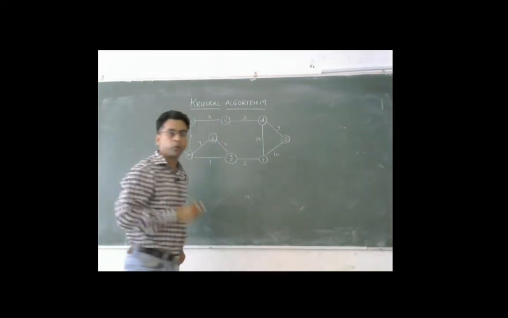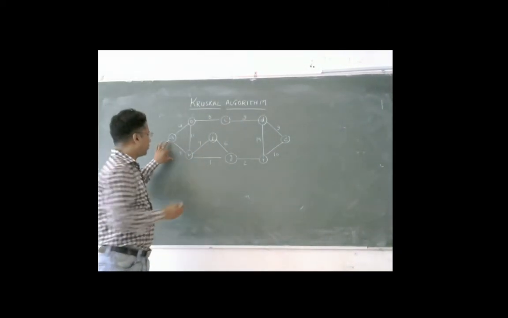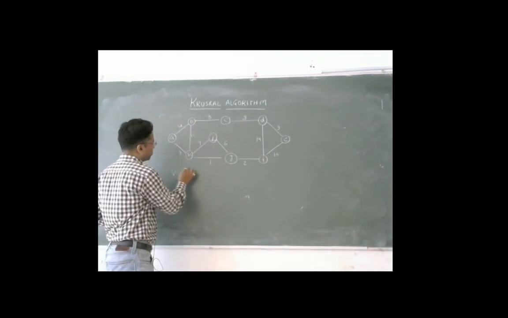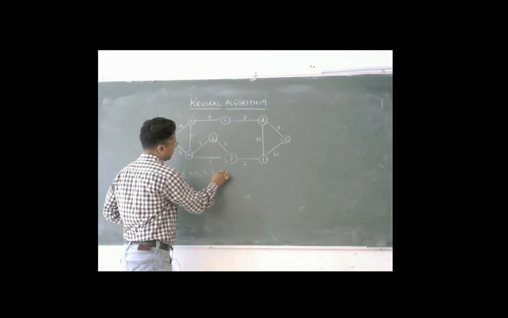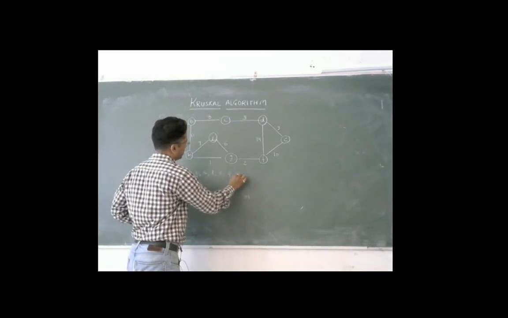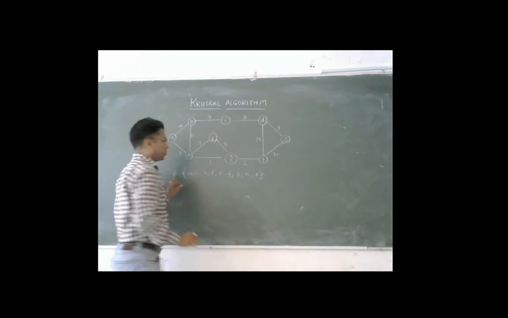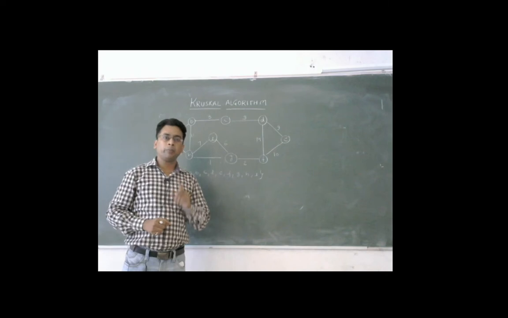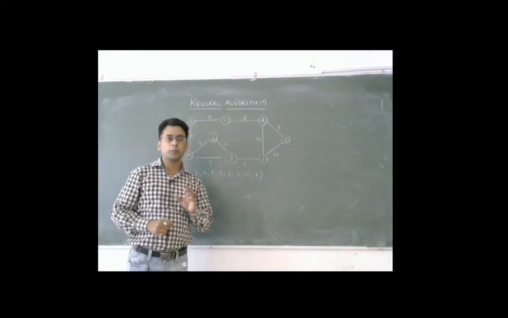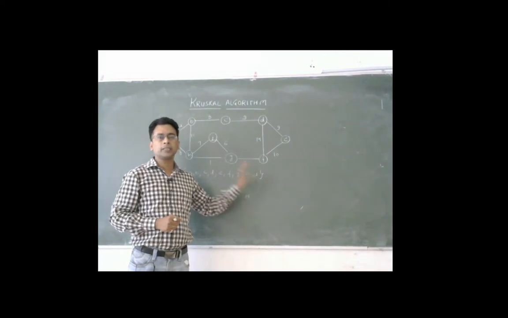Here I have drawn a graph. In this graph, the vertex set V is equal to A, B, C, D, E, F, G, H, I. So this is the vertex set V. Here, our minimum spanning tree stops when we have found all the vertices that exist in the graph.